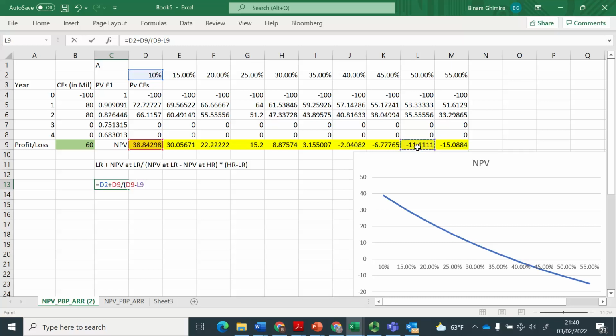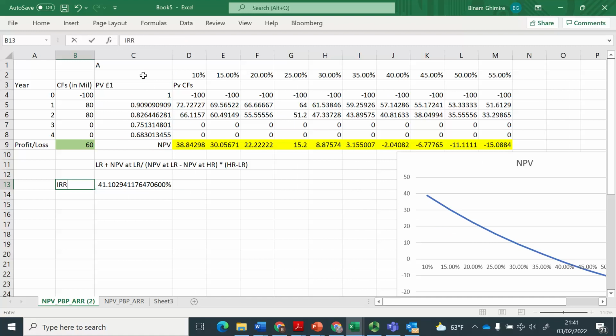You see here, minus and minus becomes plus. So what you are doing effectively is NPV at lower rate divided by the total, which is 38 plus 11. And then you just need the higher rate minus the lower rate. Higher rate is 50 minus lower rate is 10. So that's basically the IRR.